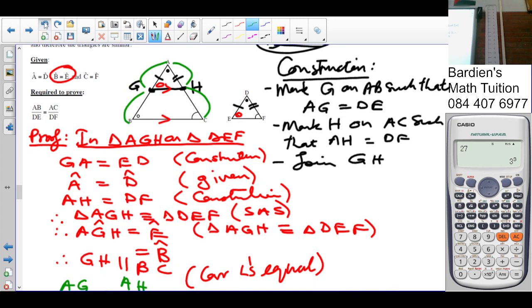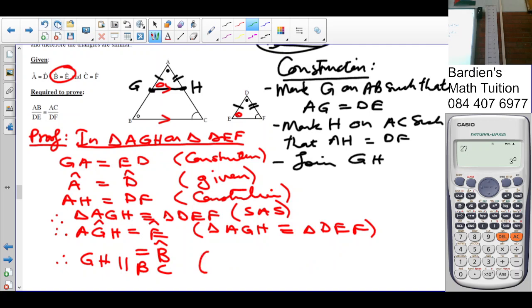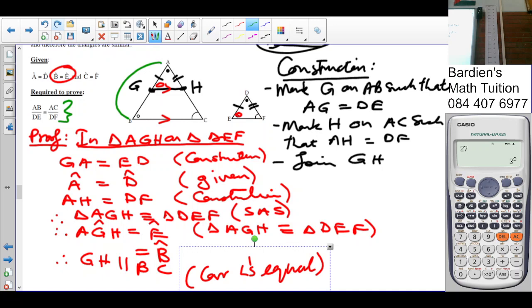I made a mistake. We must actually go, looking at what they want, we've got AB and DE, so we've got AG, AC and AH. So we go again.